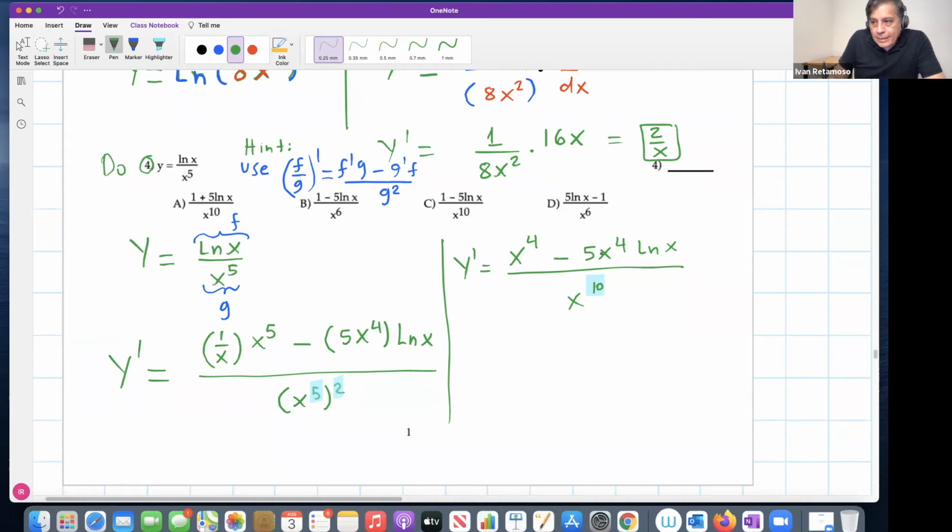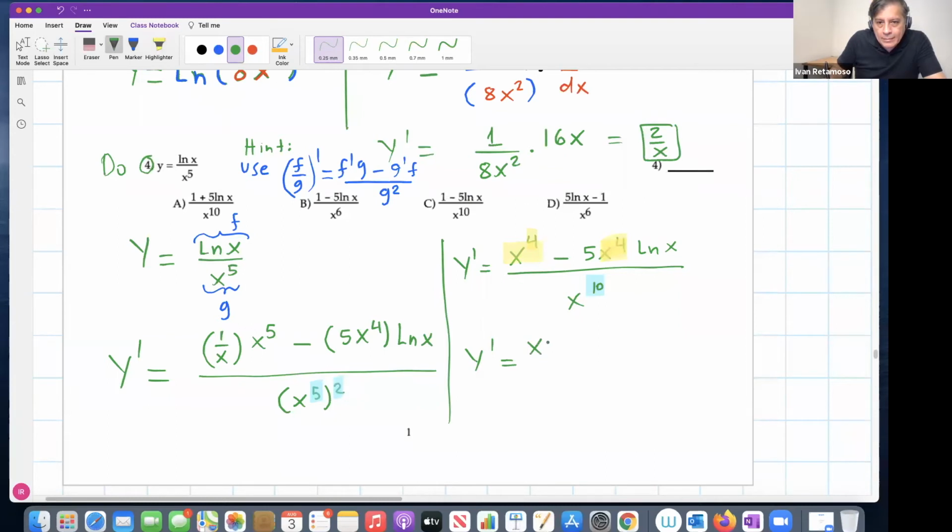Very good. Now, remember, mathematicians, when it's possible to factor something out, they do that, right? So look, this guy x to the 4 appears here as well, right? So x to the 4, x to the 4. Let's factor that out.